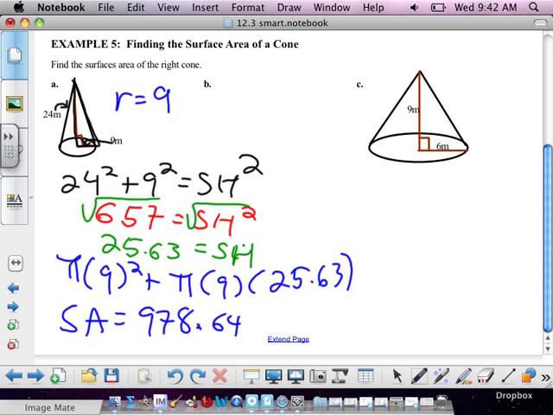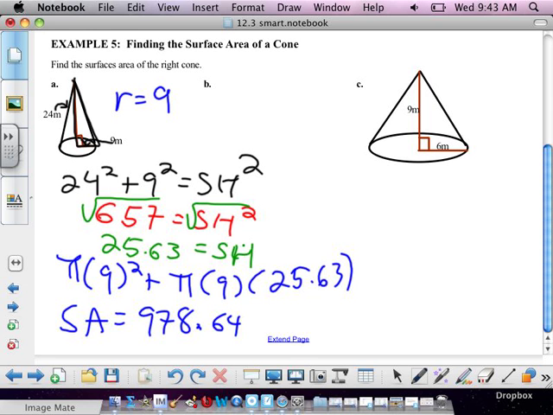Okay. Questions? Who's confused? Anybody? What are you confused about, Dana? For the cone, to find the slant height, you just use Pythagorean theorem to find the hypotenuse. A squared plus b squared equals c squared, right? And then we've got the radius, and we plug it in.